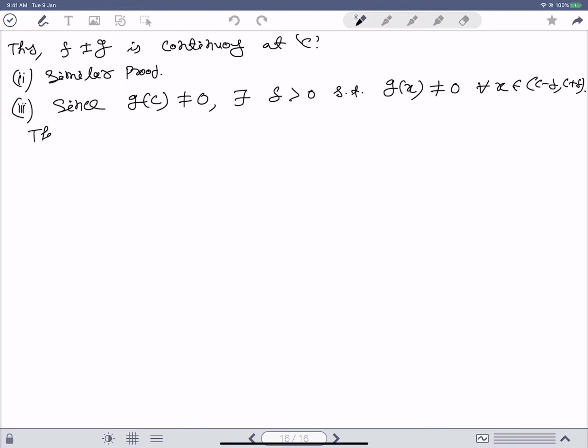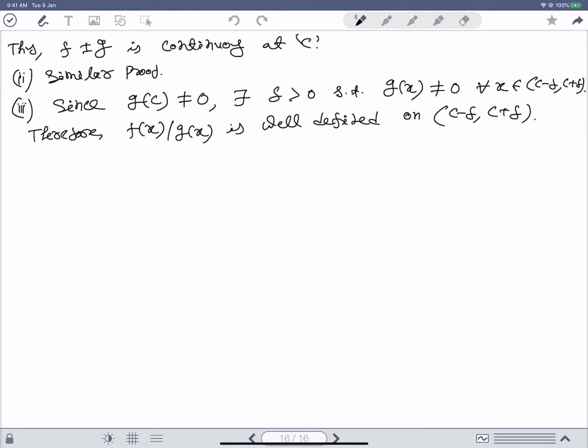So therefore f of x divided by g of x is well defined on the interval c minus delta, c plus delta, right?